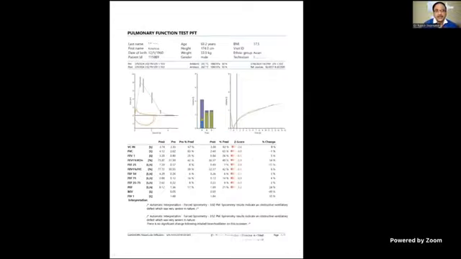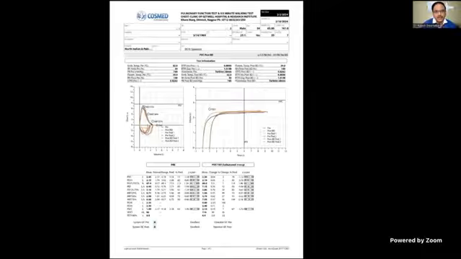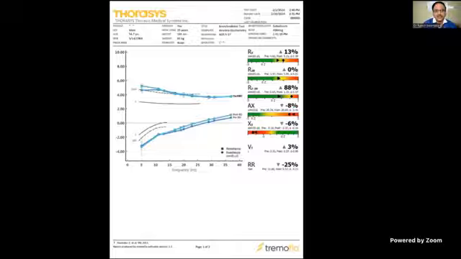This was his spirometry. This was her spirometry. And as I said, oscillometry is very sensitive for detecting early COPD and shows abnormality much more often than a spirometry. The spirometry is normal in this patient, but when you do oscillometry, you see this reactance curve or X5 is deflected downwards.